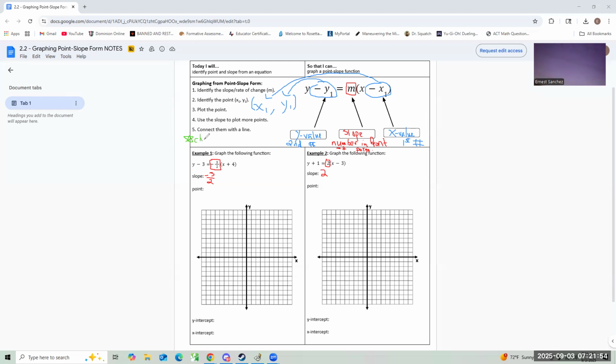Change both symbols in your point. This is your point. In your point.